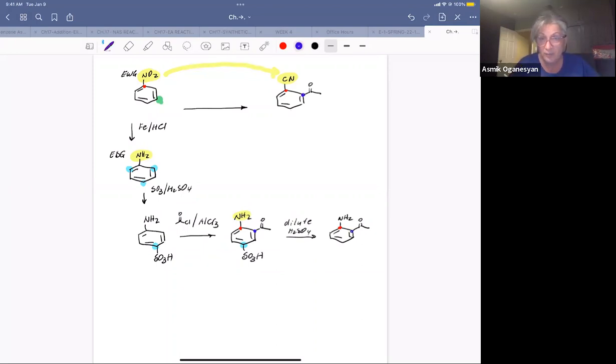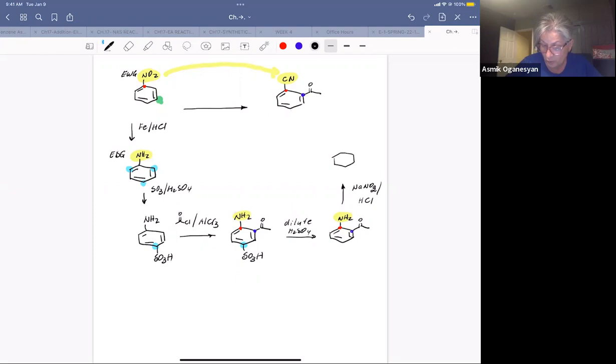Let's not forget to tag the carbons so we will not forget and look back at these groups. We have our electron donating group, and we have to turn it into nitrile. We remember that the Sandmeyer's reaction will let us do just that. So we're going to first react our amine with sodium nitrite and hydrochloric acid.